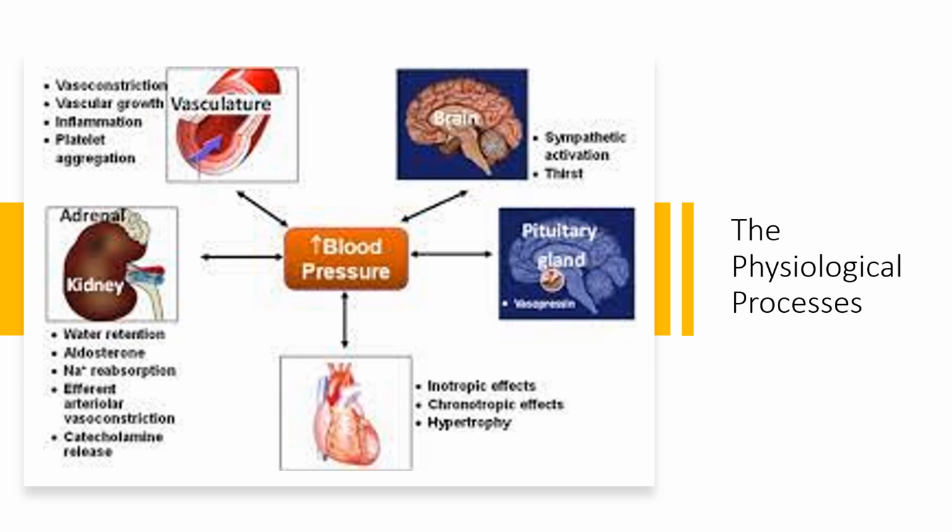So, like I said in the previous slide, an important process involved in blood pressure regulation is the RAAS. Just a brief review: when blood pressure drops or there is a decrease in sodium concentration in the blood, the kidneys release renin, which converts angiotensinogen into angiotensin 1.